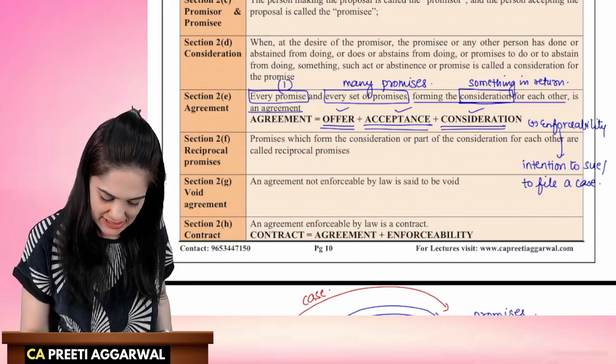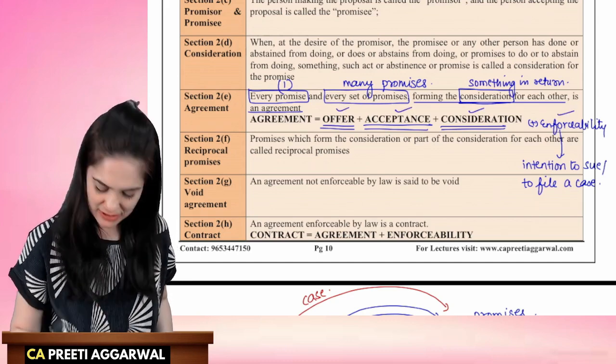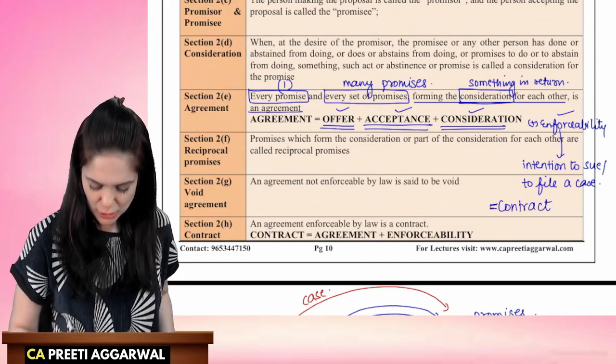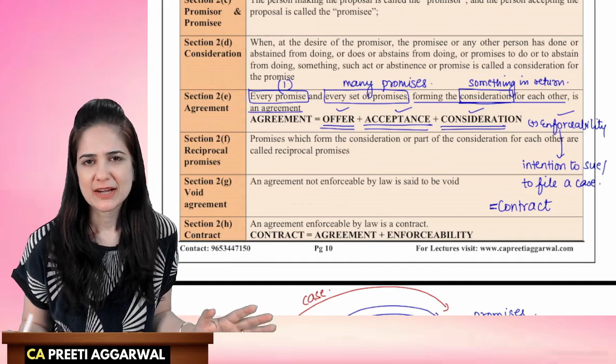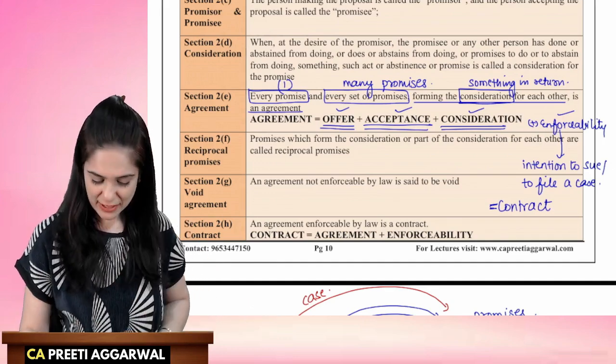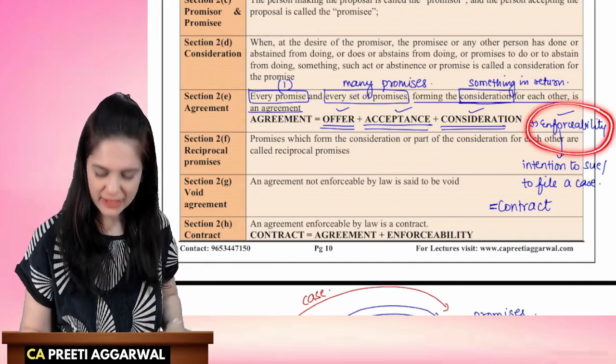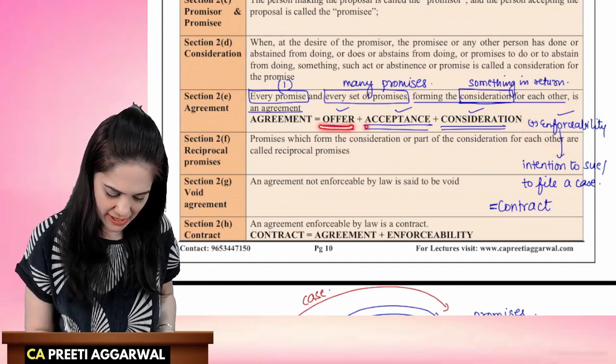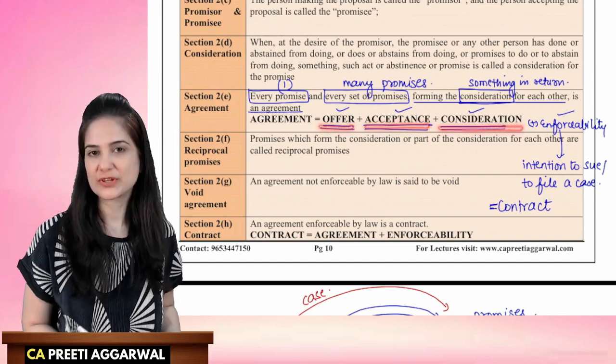When all these elements come together, it forms a contract. So contract is nothing but agreement enforceable by law. Agreement means offer, acceptance, consideration.